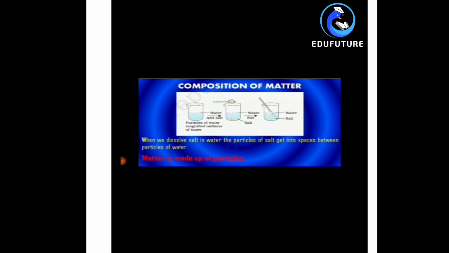Put some salt in that glass of water. Without stirring, you will observe the salt particles are disappearing. Are they disappearing? No, they are not disappearing. They are trying to get into spaces between particles of water. Hence, we can conclude that matter is made up of particles.